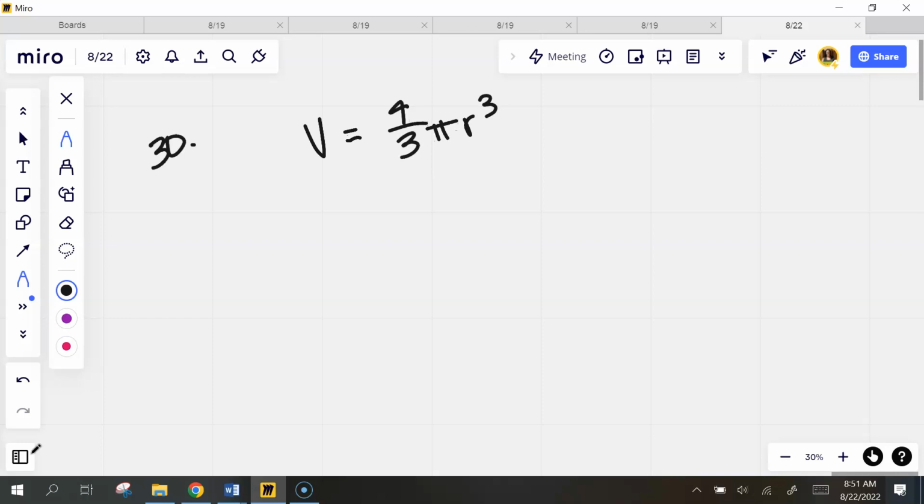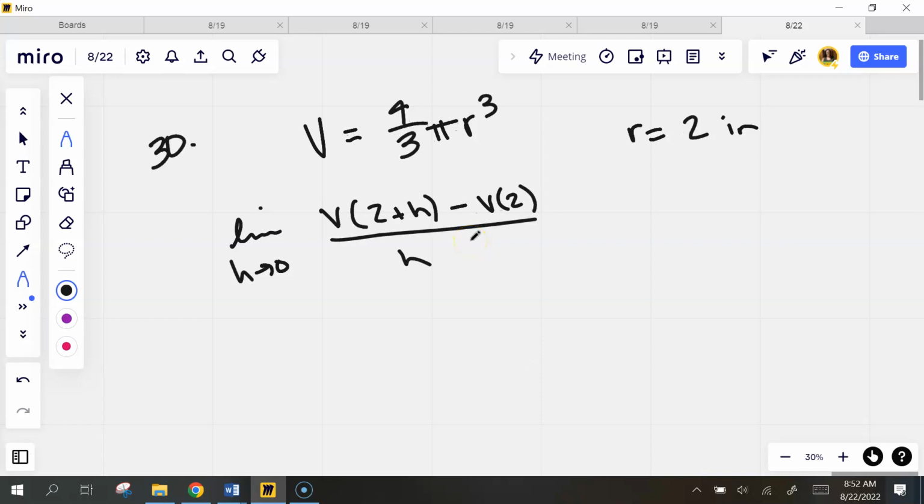All right, so with respect to the radius, when the radius is 2, rate of change of the volume. Okay, so I'm going to do difference quotient. Limit as h goes to 0. This time it's V, right? So V of 2 plus h minus V of 2 all over h.